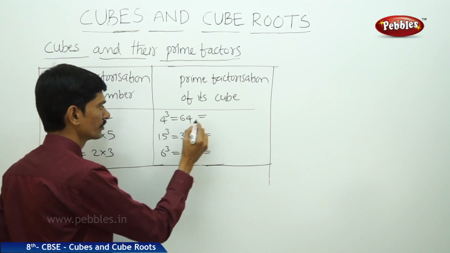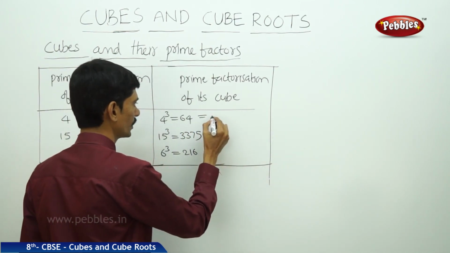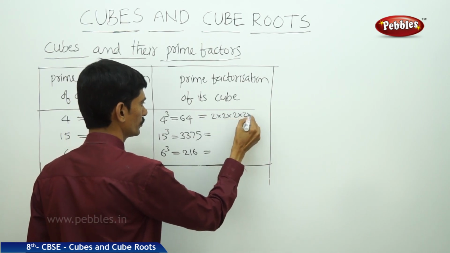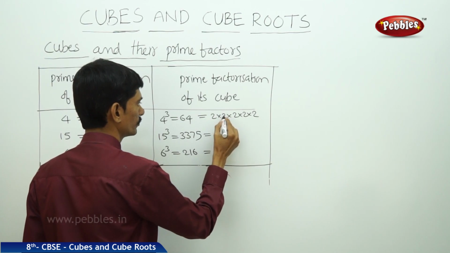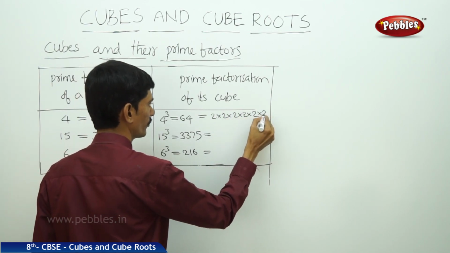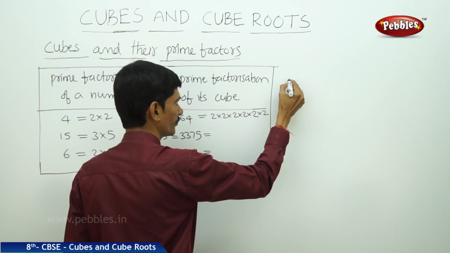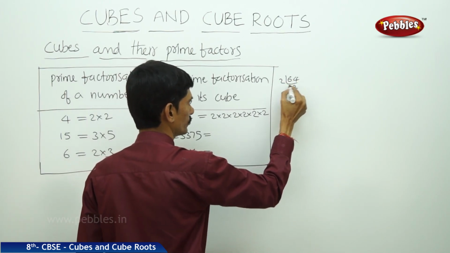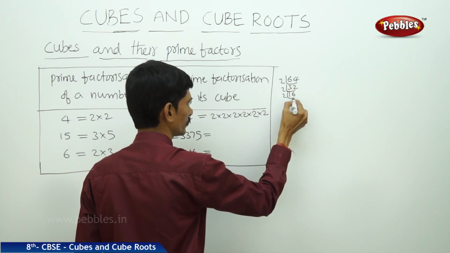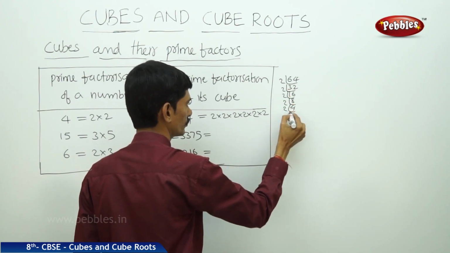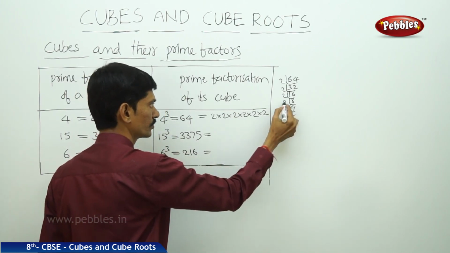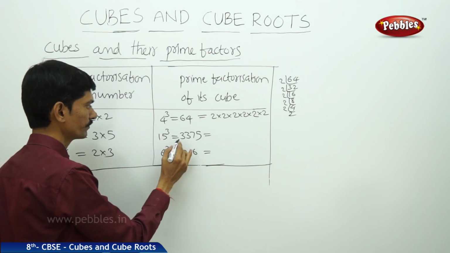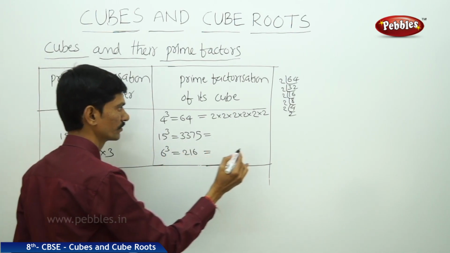Now 64, if you factor 64 you will get 2 into 2 into 2 into 2 into 2 into 2, that is six 2s. 2 32s are 64, 2 16s, 2 8s, 2 4s, 2 2s. So here 1, 2, 3, 4, 5, 6. And the prime factorization of 3375.